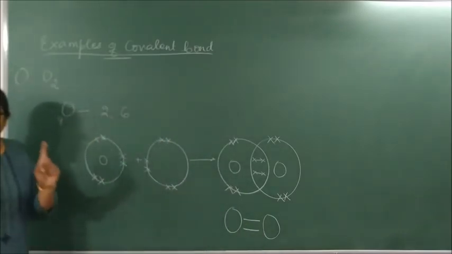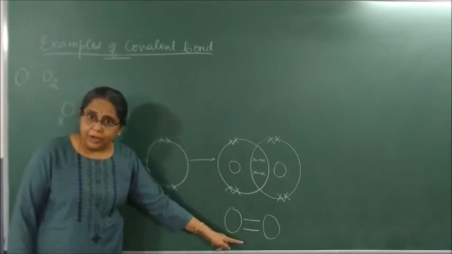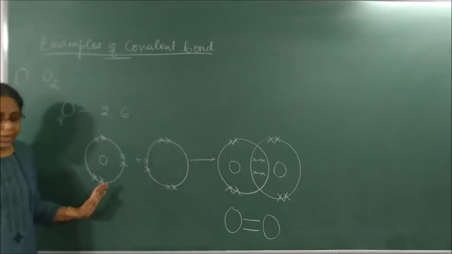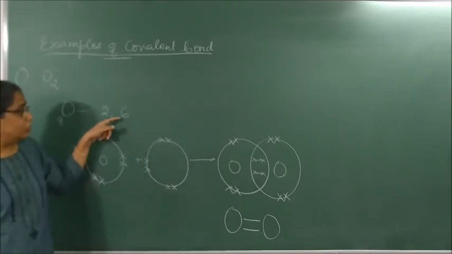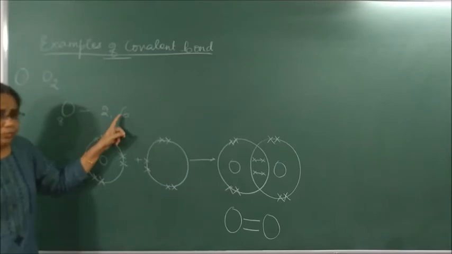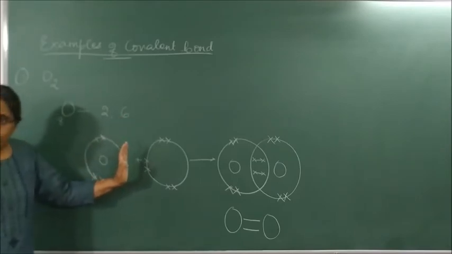Here, one pair of electrons means one bond. Another pair of electrons means another bond. Is it clear why I took 2 to one side? I took 2 to one side because it has an outermost configuration of 6. It requires how many more? 2 more to become 8. So we put the 2 to one side.